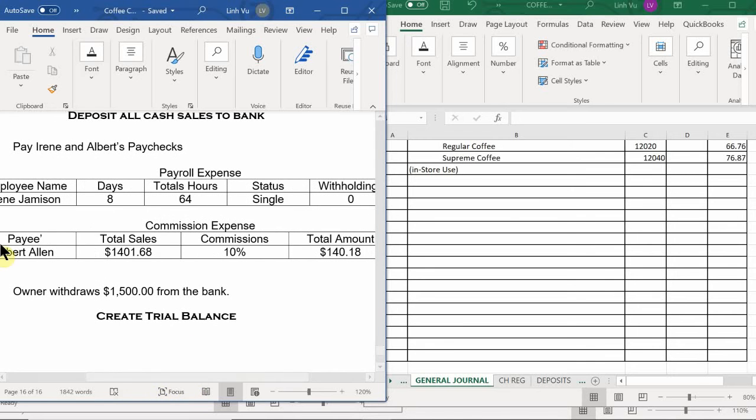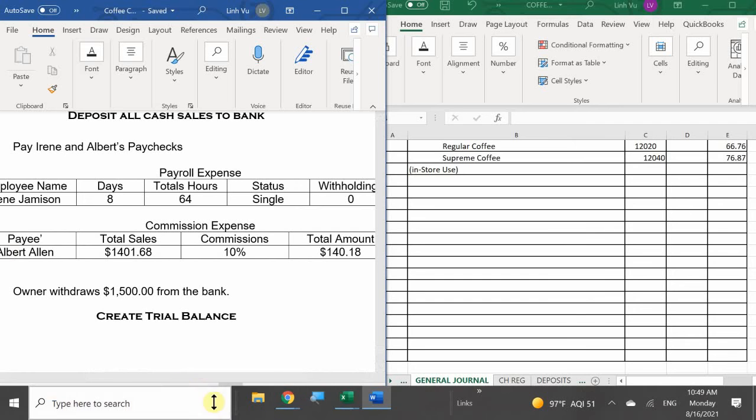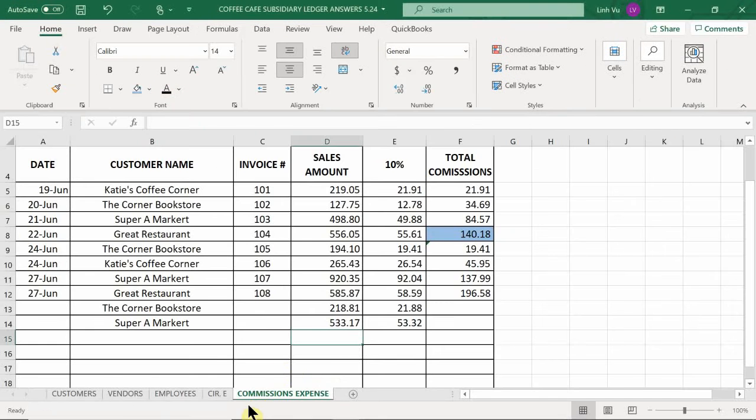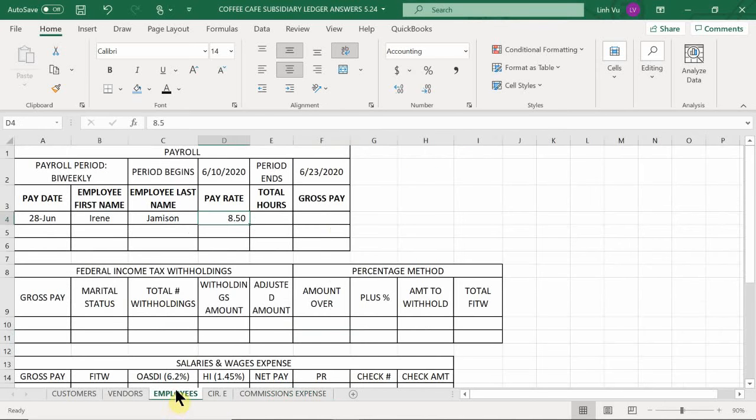So the first thing we're going to do is go to our subsidiary ledger, and here I have employees. Her shift goes from Friday to Tuesday, and she gets every Wednesday and Thursday off.